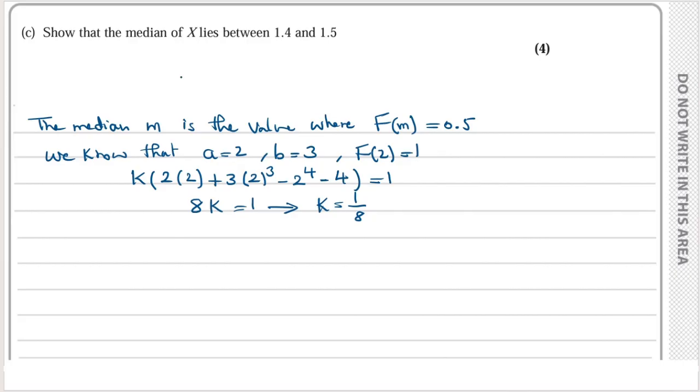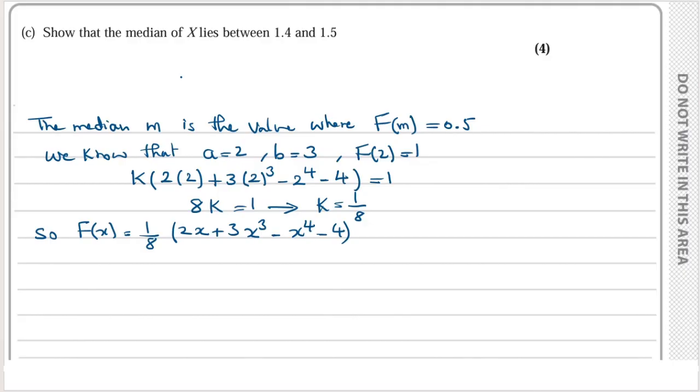So the expression for F of x is going to be 1/8 brackets 2x plus 3x cubed minus x to the power 4 minus 4.